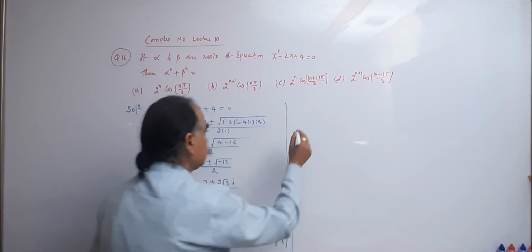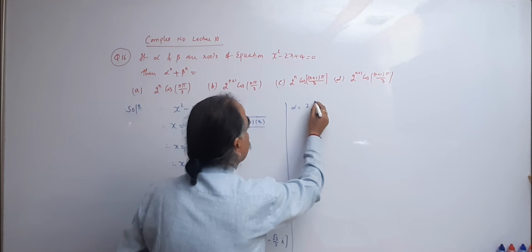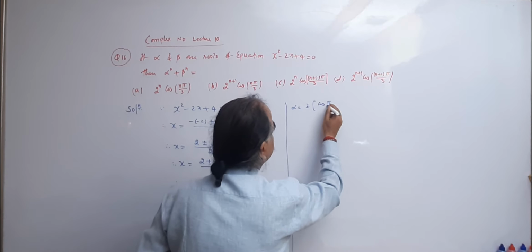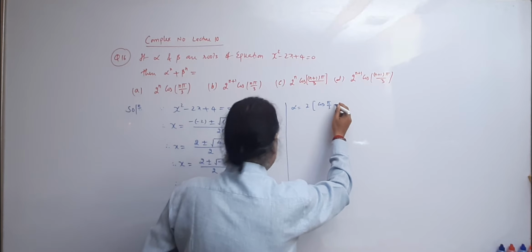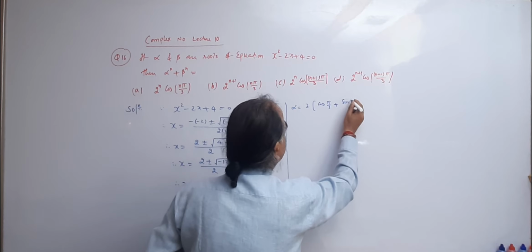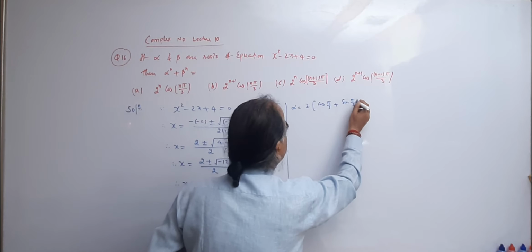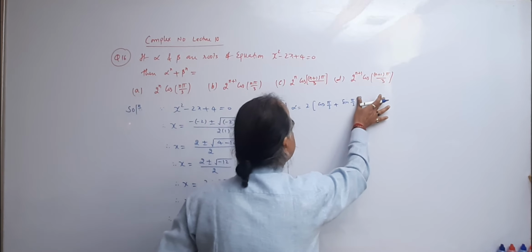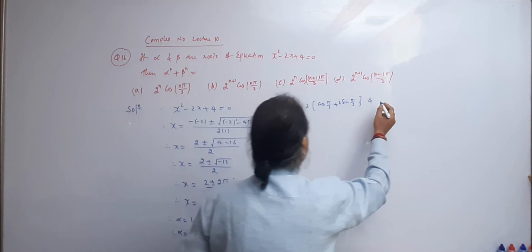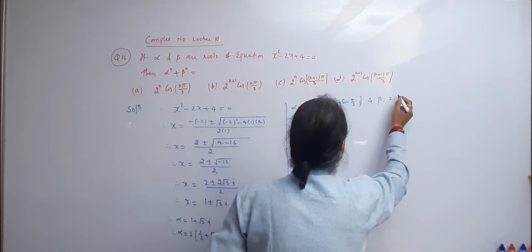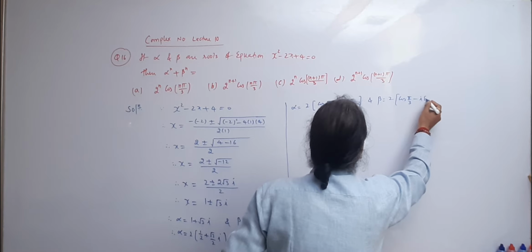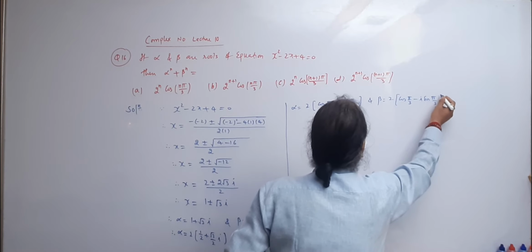So alpha will be 2 into (cos pi by 3, that is cos 60, plus i sin pi by 3, that is sin 60), and beta is 2 into (cos pi by 3 minus i sin pi by 3).